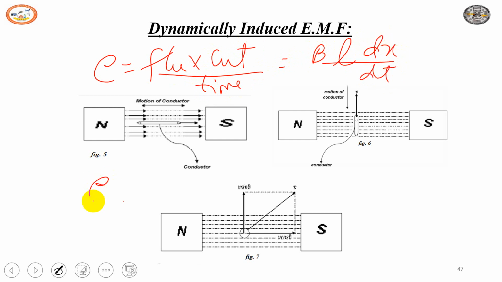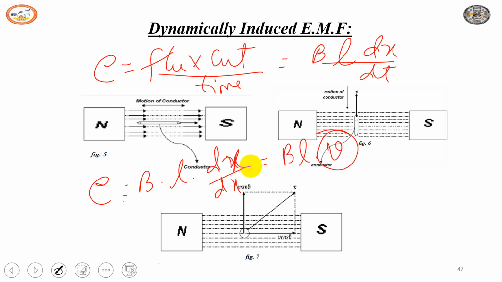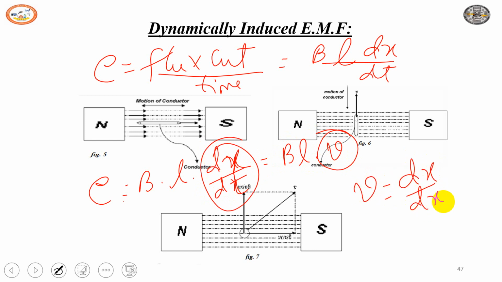So E can be written as B L dx by dt, which is B L V. Why V? This is the velocity, dx by dt, the differentiation of distance with respect to time. So this can be written as BLV volts.